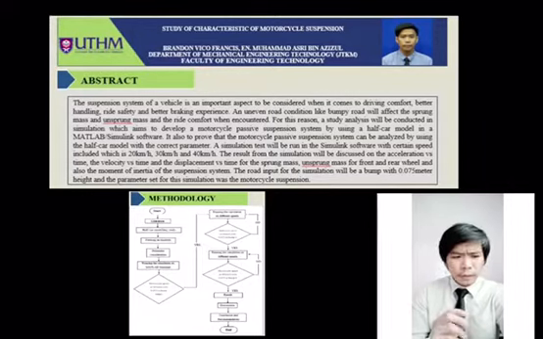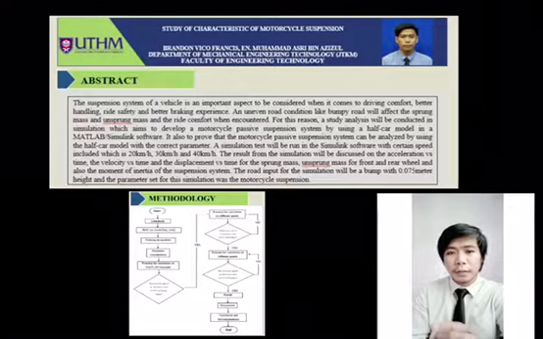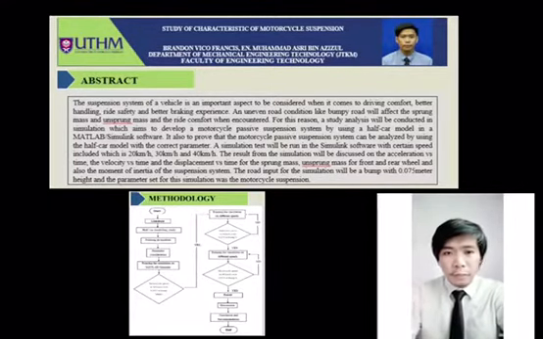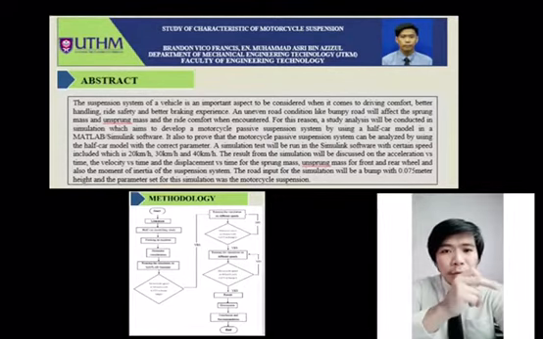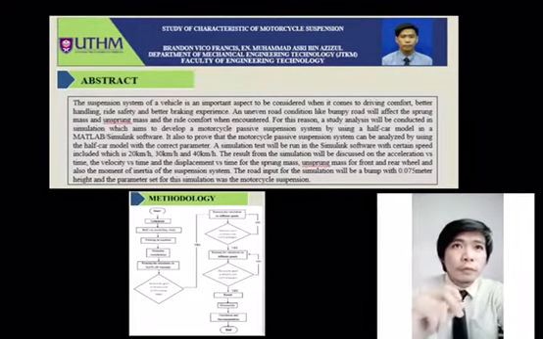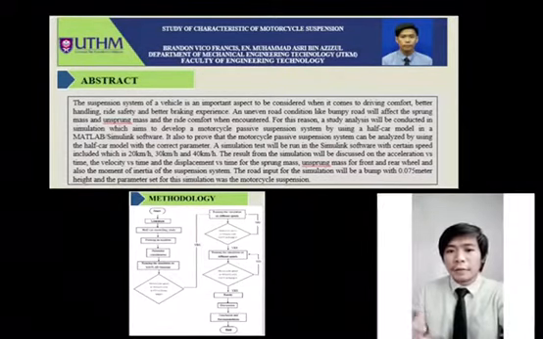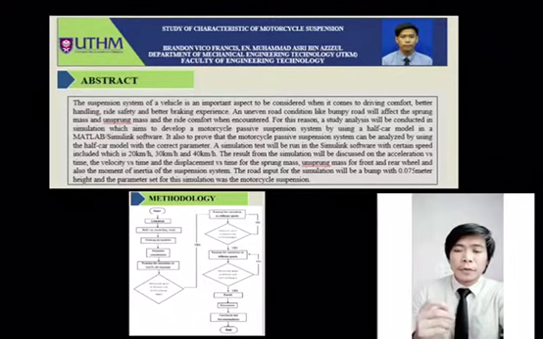The calculation is for the speed of the motorcycle traveling at 20 kilometer, 30 kilometer and 40 kilometer per hour. So the time required for the motorcycle suspension system to be on top of the bump needs to be calculated.